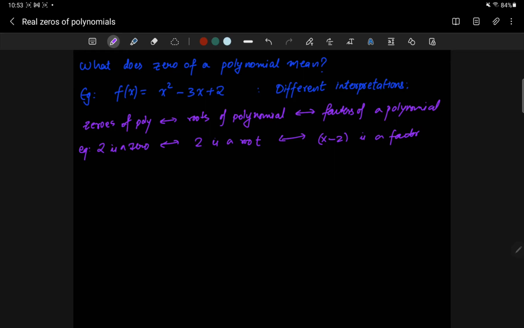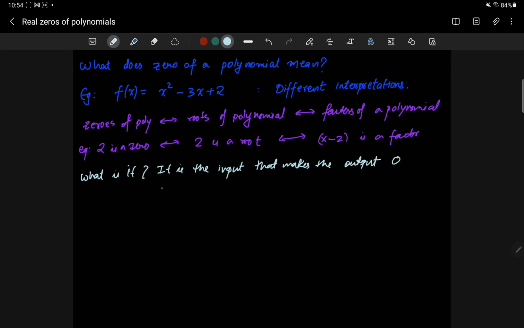So what is it really? It is the input that makes the output 0.